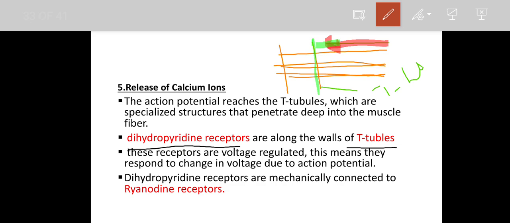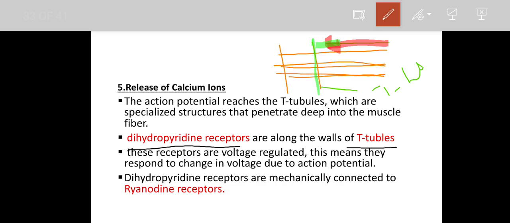The receptor responds to the change in potential difference due to ion distribution, with the inside becoming less negative or more positive, and the outside becoming more negative or less positive.